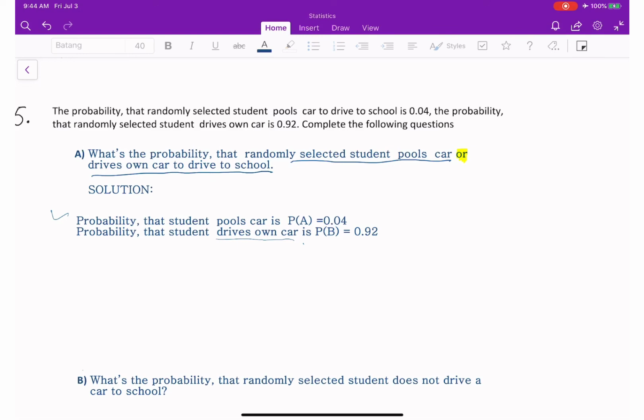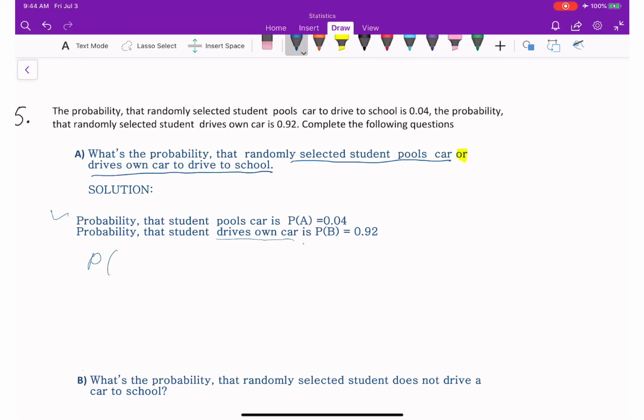So probability, let me make thicker, A or B is equal probability of A plus probability of B. That is equal 0.04 plus 0.92.